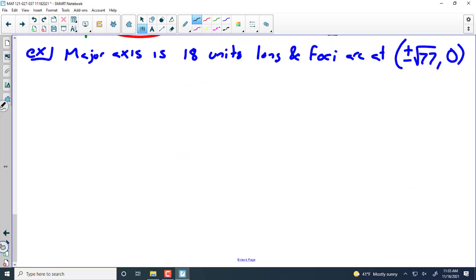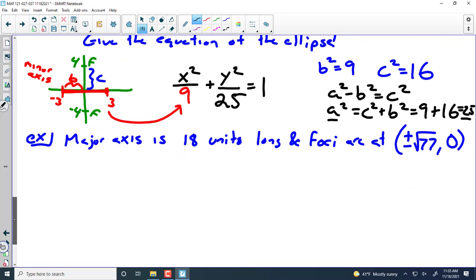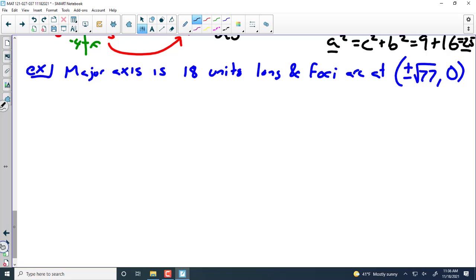Let's look at this one right here. This one looks kind of annoying. Major axis is 18 units long. That doesn't help me yet. Foci, though, are to the left and right. So if the foci are to the left and right, I guess square root of 77 and negative square root of 77, that's a bit annoying. And the major axis is 18 units long.